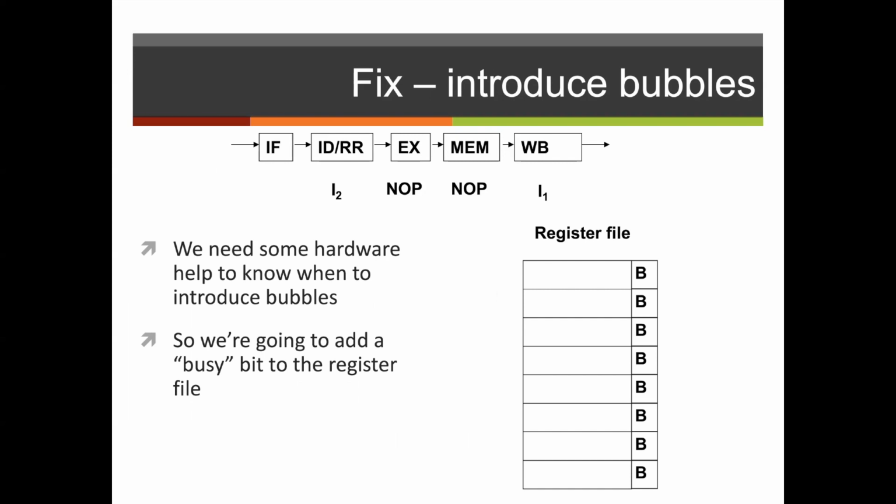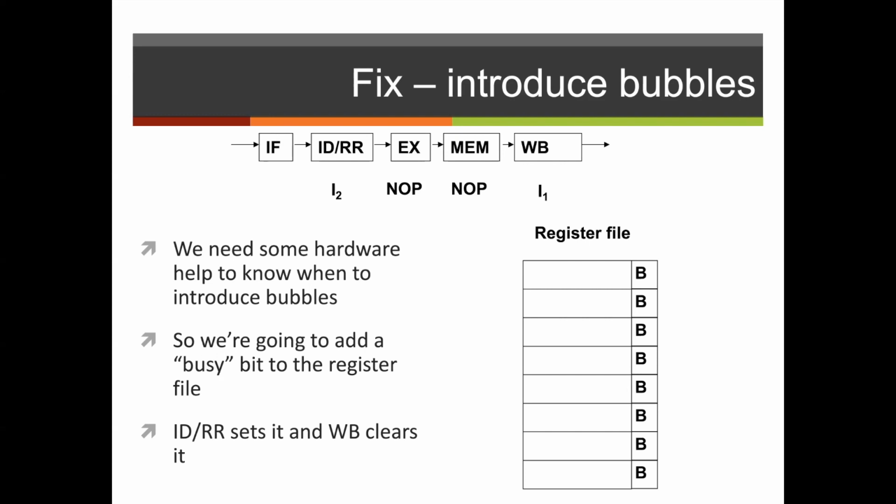The busy bit is just one more additional bit that we add, and it can be used to designate whether we need to declare a no-op instruction. So the IDRR stage will set the busy bit and will require that the write back stage have the responsibility to clear it when necessary.